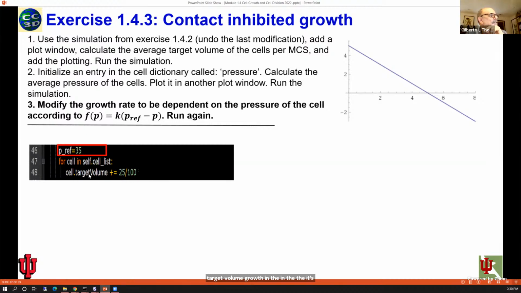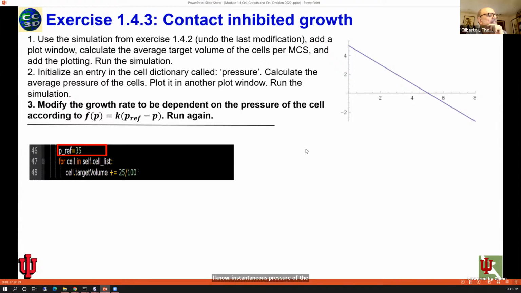Remember the line cell.targetVolume plus 25 over 500 or 100, I don't remember. So you are going to change this growth to include this function as a control for the growth rate. I mean, the growth rate will be a function of the instantaneous pressure of the cell.